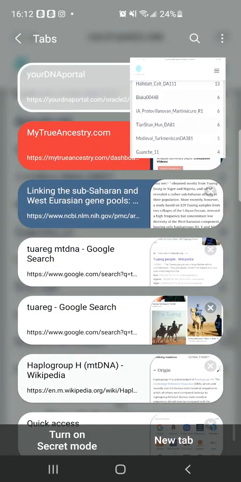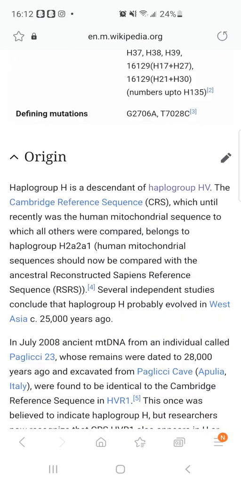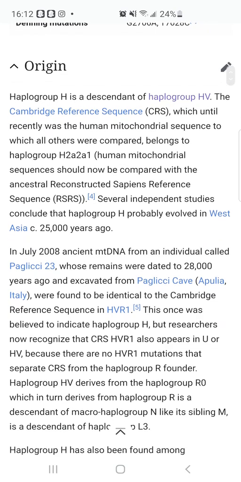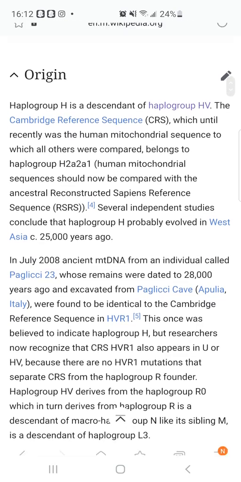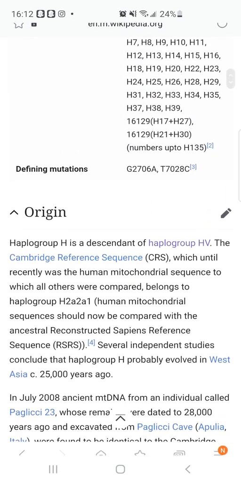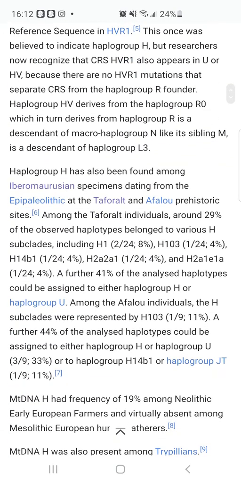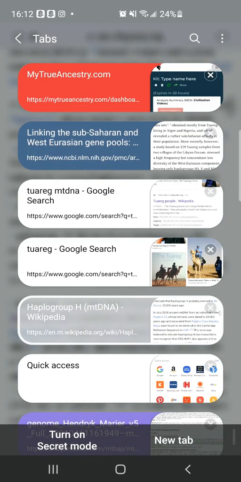And now we're going to go back to this. And it says what? Is it there? Yeah, it says haplogroup H has also been found in Iberian specimens dating from the Epipaleolithic at Taforalt. So it's all there, all is connected with each other.